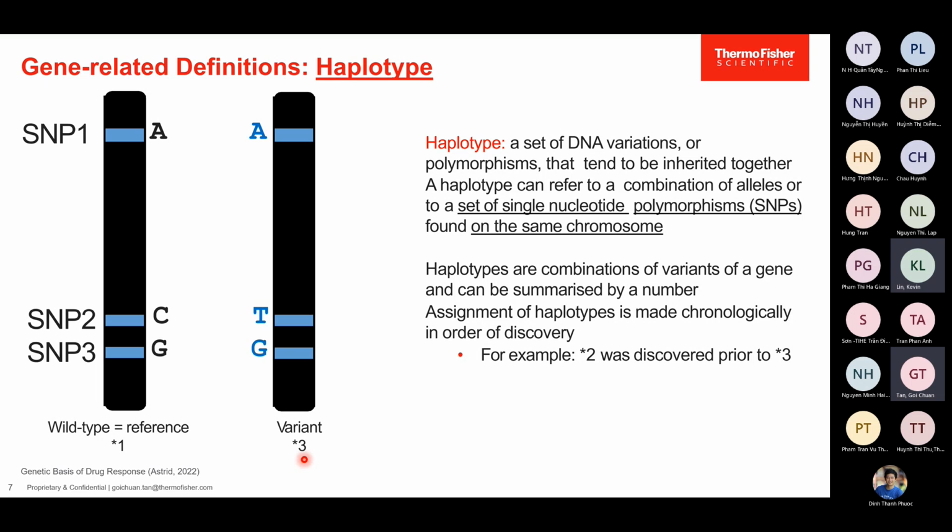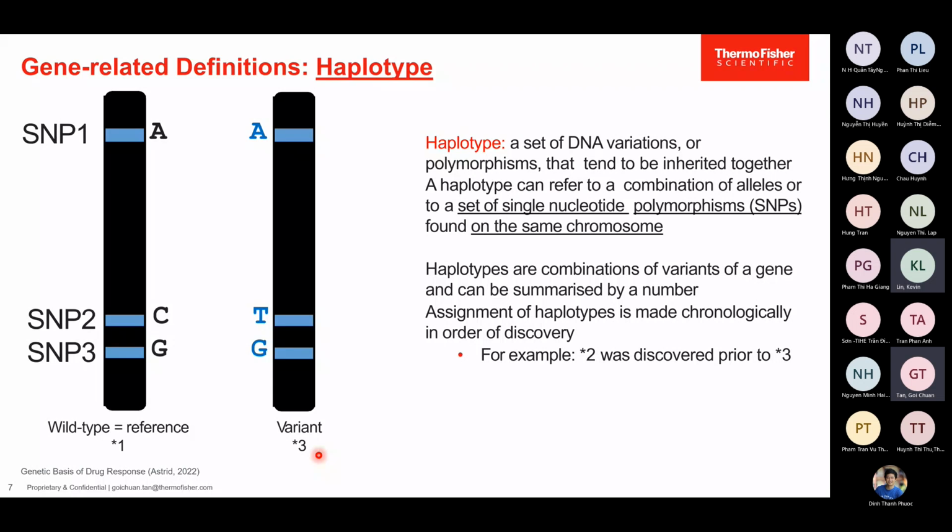But in a lot of pharmacogenes, star 1 refers to the wild type, except for CYP2C19, where star 38 is the wild type. But that's another story. You just need to remember, usually star 1 is the wild type. No mutation, it is the reference. Then you will see star 2, star 3, star 4, star 5.